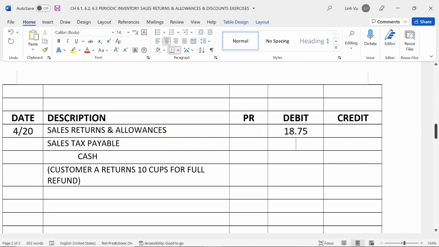Okay, what about the tax? My calculation says $1.55 we are giving back. So how much in grand total am I actually giving back to this customer? We are giving them $20.30.